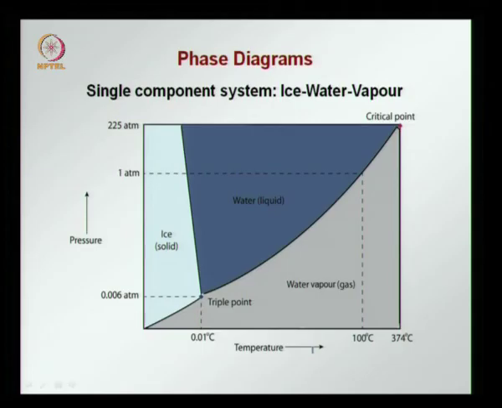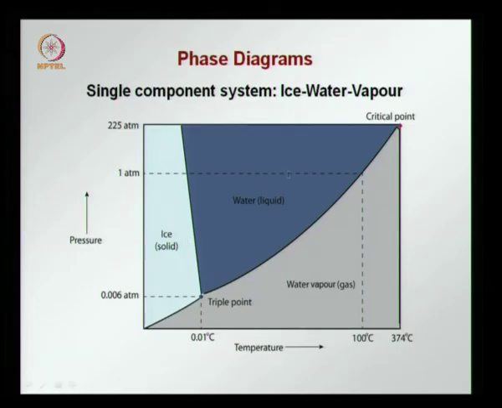So, the phase diagram for H2O, that is, the ice, water, water vapor system, is shown here, where you have pressure on the y axis, temperature on the x axis, and the different colored regions showing us the different phases that can occur. The light blue is the ice phase, so this is where ice can exist.